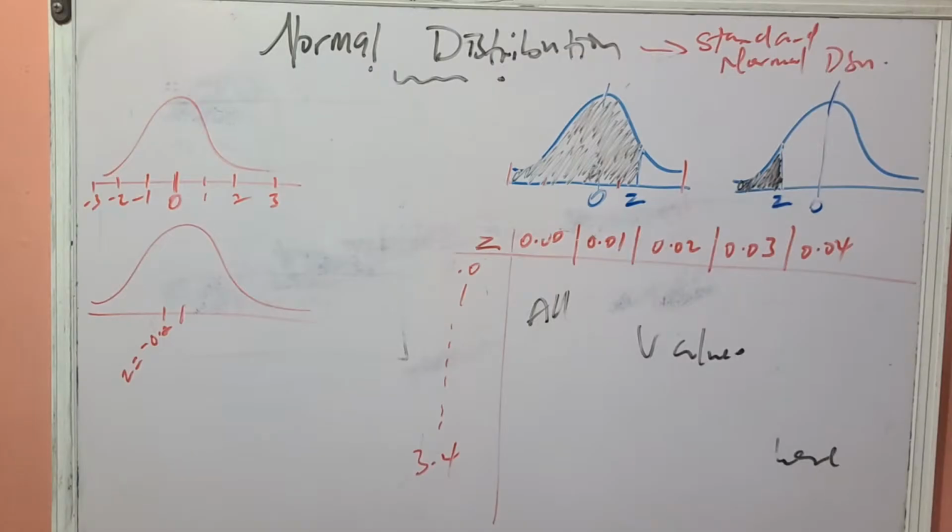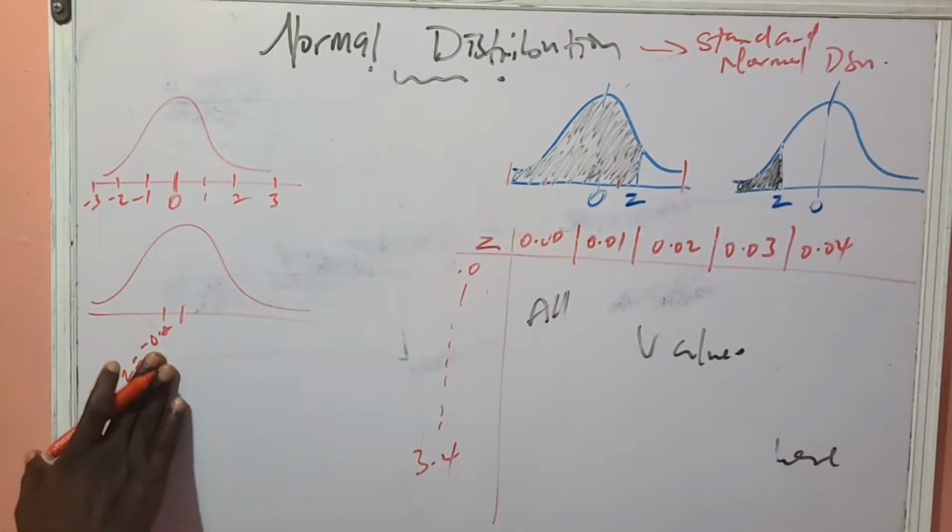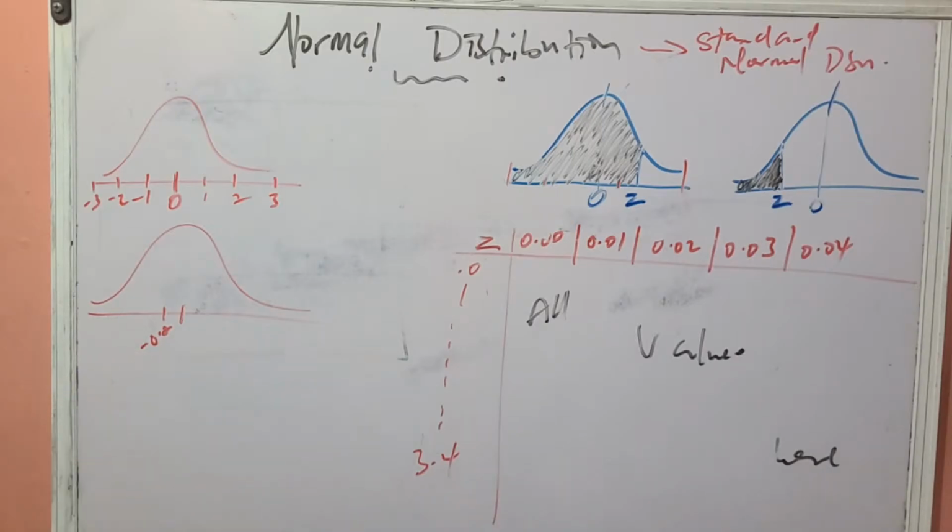We already did standardization, so let's just assume that you're dealing with a probability of, okay, now let me say something before I talk about -0.2.